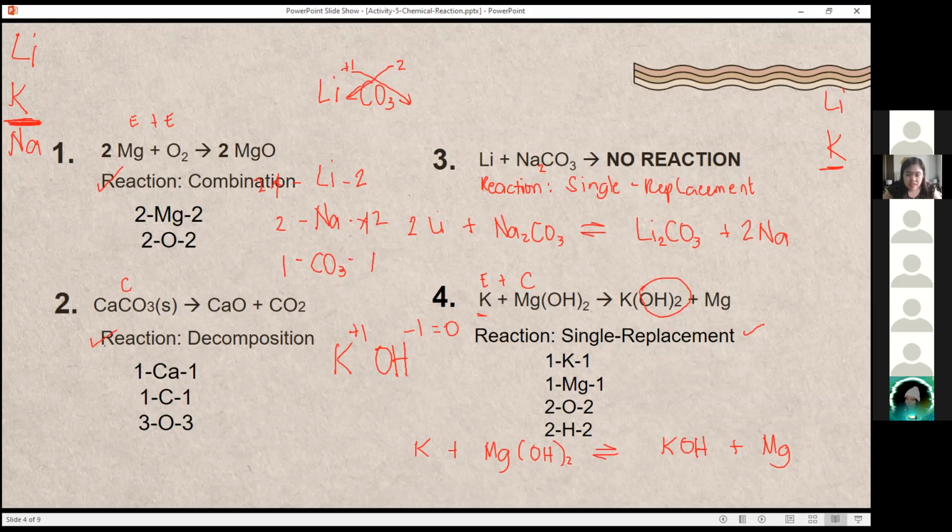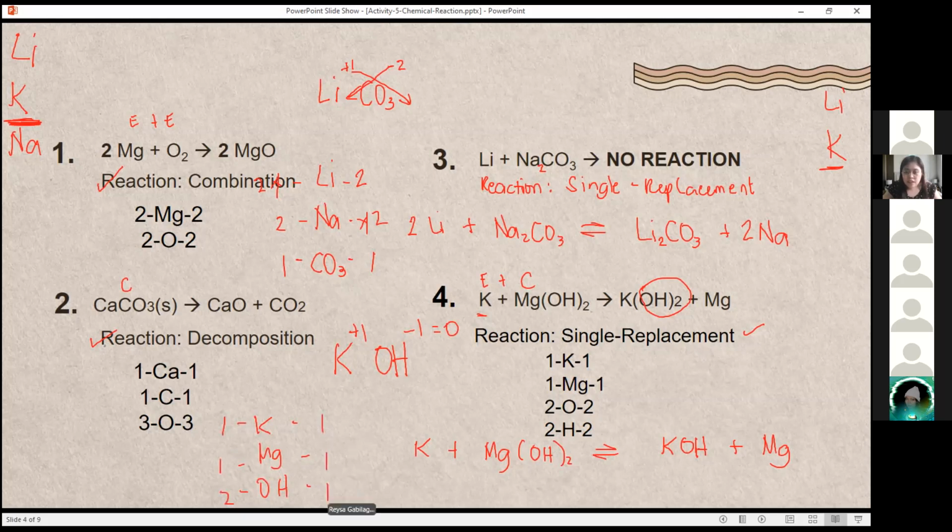Now, this is not balanced here. So, you have K, magnesium, and again, OH is a polyatomic ion, and I don't separate the oxygen and the hydrogen if I do the balancing because parehas lang naman sila, hindi naman sila naghiwalay in the product. So you have 1, 1, 2, 1, 1, 1.